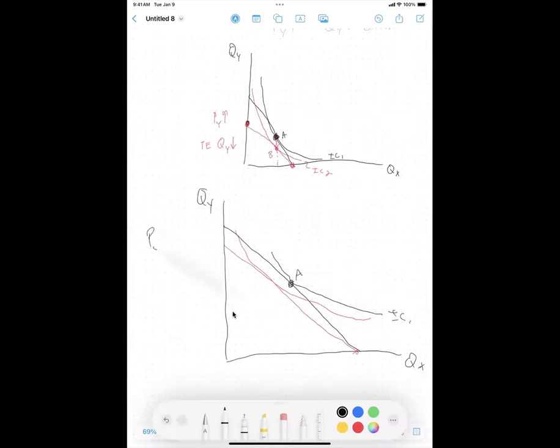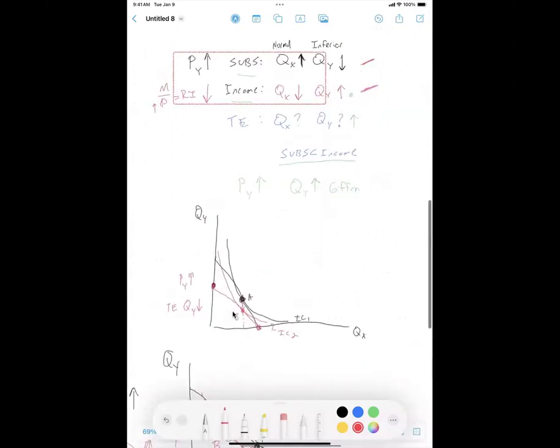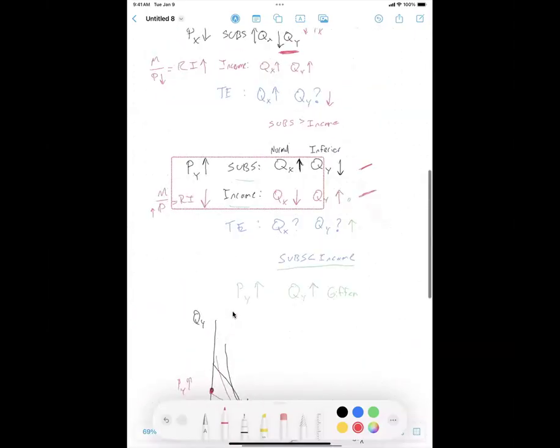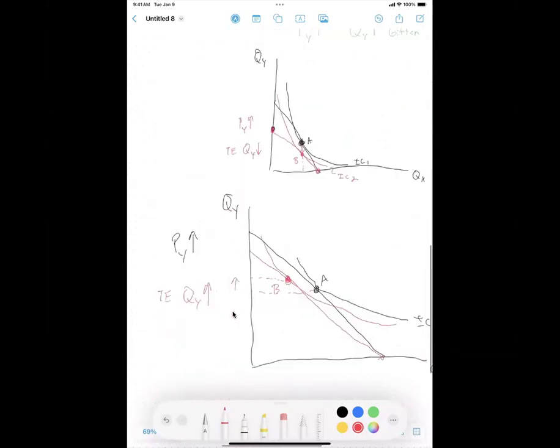So I had a price increase. If the new consumer optimum was actually up here, well, what did that actually do? I'm actually buying more of good Y than I was before. So that total effect was that the price increase actually led me to buying more of good Y, which must mean that Y is an inferior good and that income effect was actually larger, right?